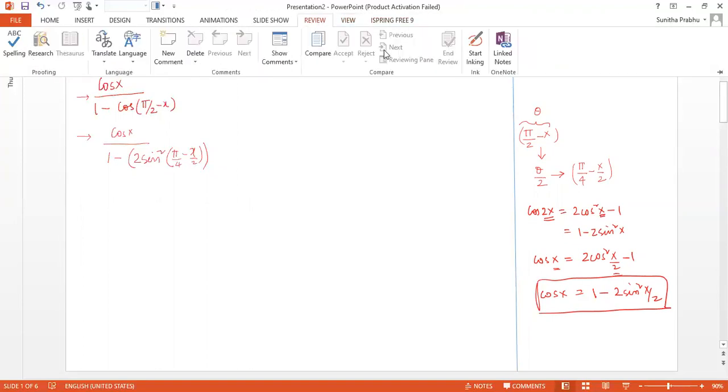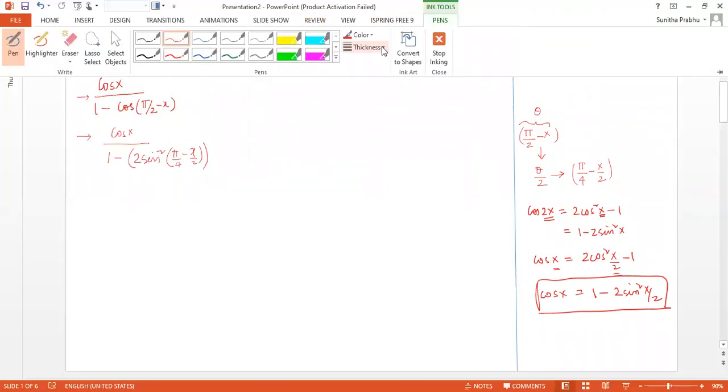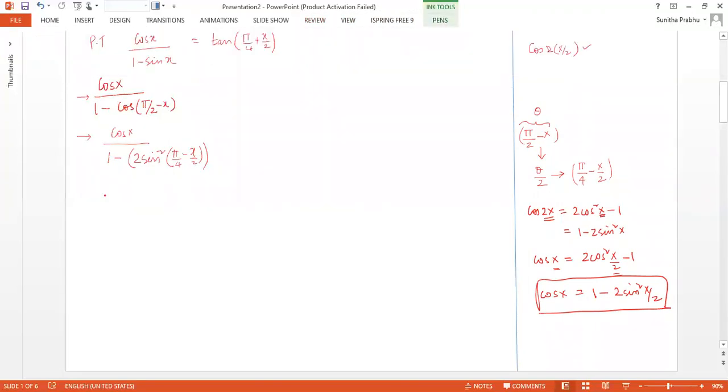All right. So here I have to take it as cos x by 1 minus 2 sine square half of this angle, pi by 4 minus x by 2.